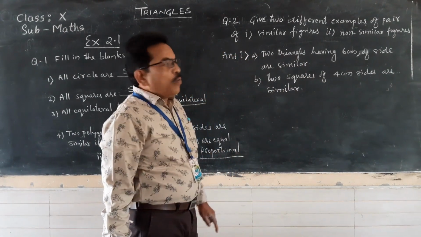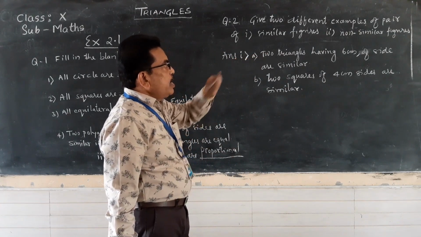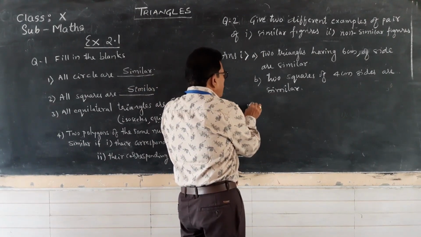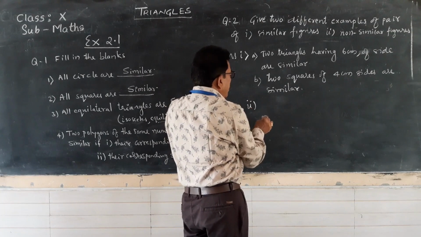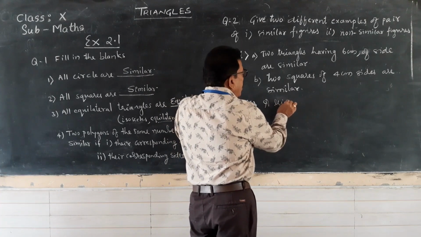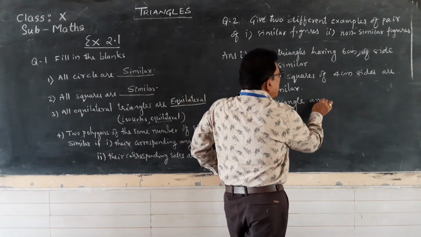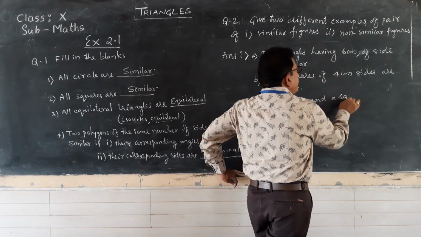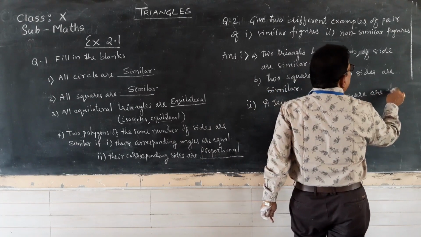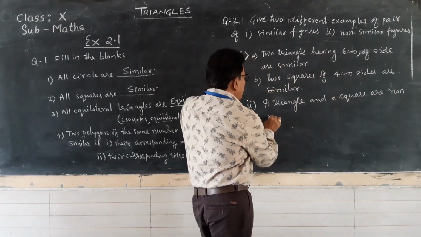Then we have to give examples of two non-similar figures. Answer 2: a triangle and a square are non-similar figures.